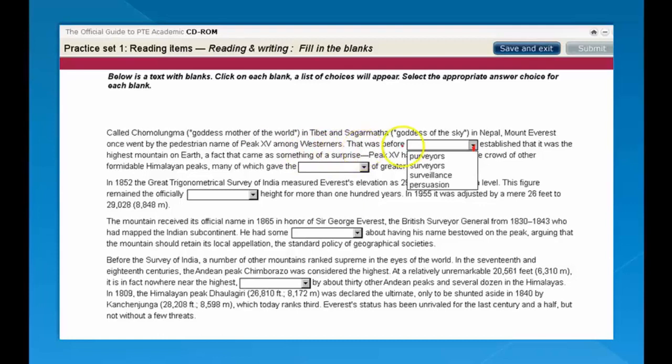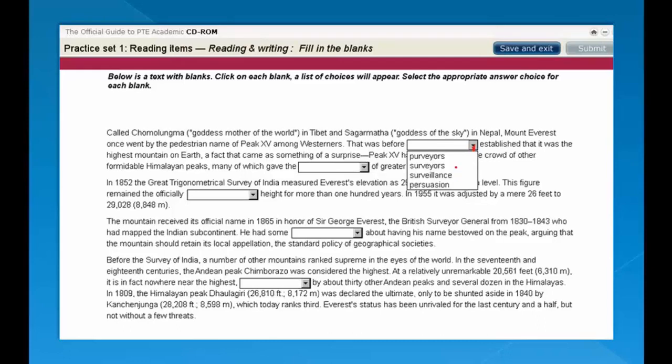This was before purveyors, surveyors, surveillance, persuasion, well, persuasion established that it was the highest mountain on earth. Persuasion doesn't make much sense because that's a technique of speaking. Surveillance doesn't make much sense either because how are you surveilling anything?